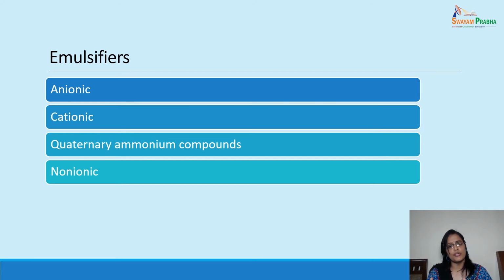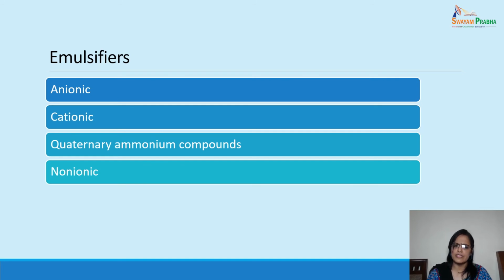You are going to come across these emulsifying agents many times. Anionic examples: alkyl sulfates, soaps, sulfonates, lactylates and phosphate esters.